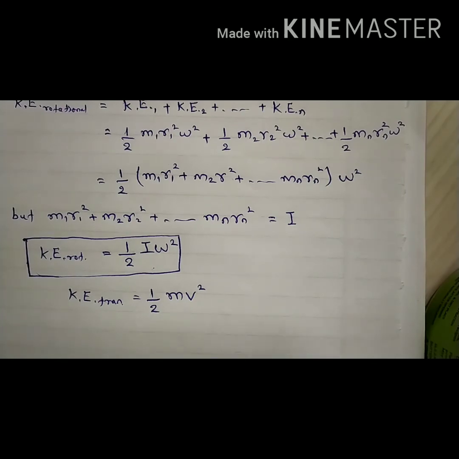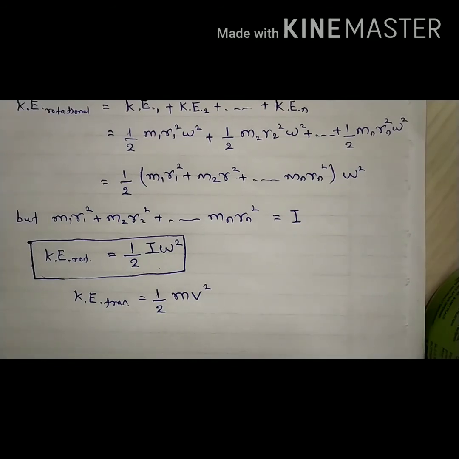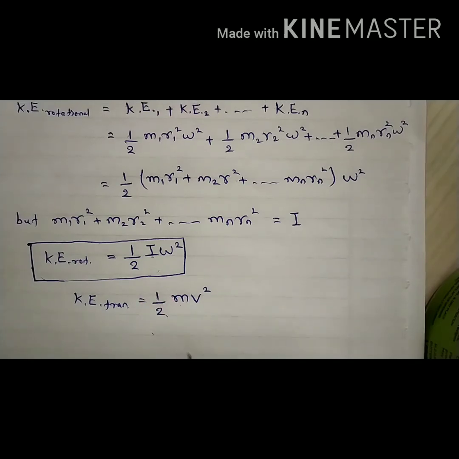In linear motion that is the function of mass, and the same is the function of moment of inertia in rotational motion. From this we can understand the analogy between moment of inertia and mass.